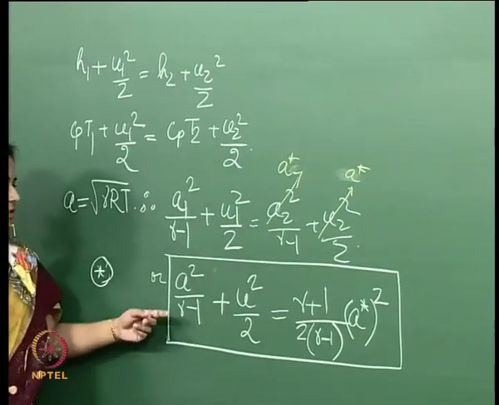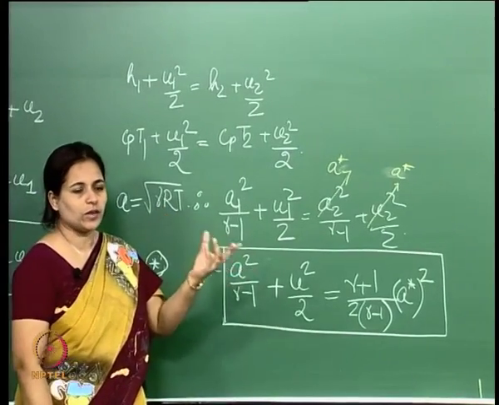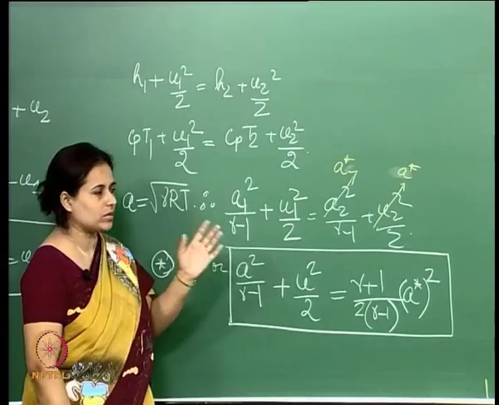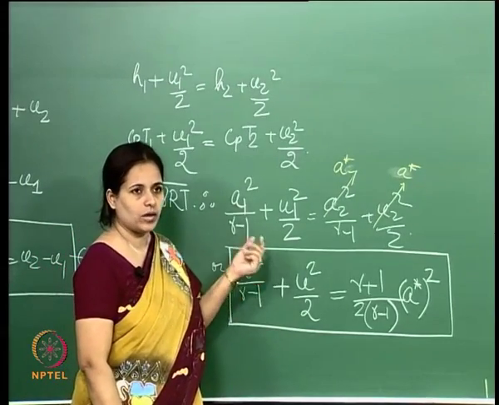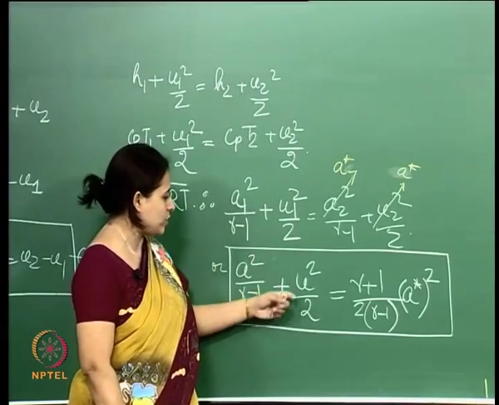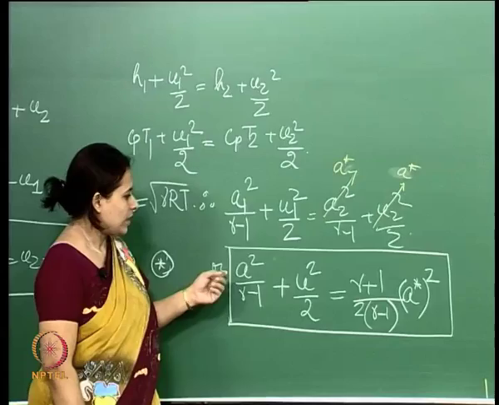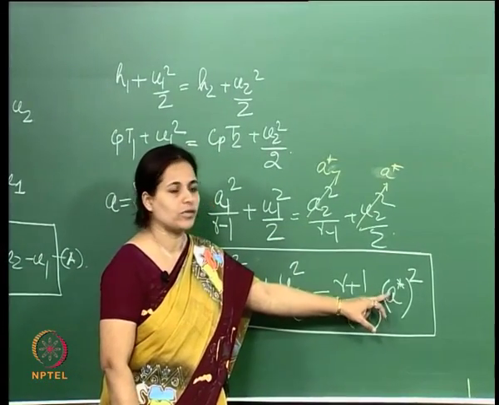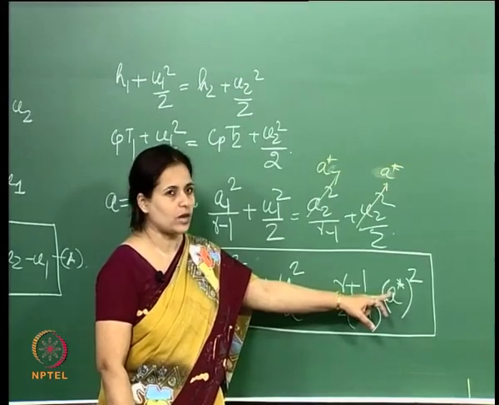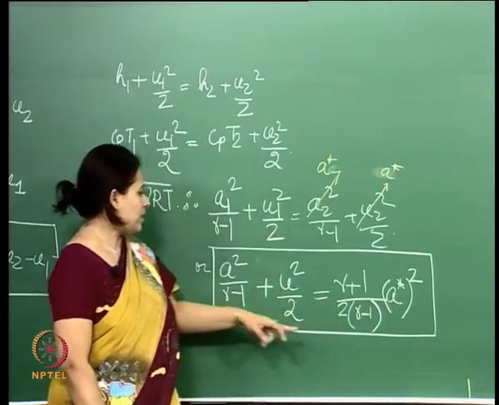So, what this relationship is telling me is that if at a particular zone the actual flow velocity is u and the actual speed of sound is a, then in a region which is sonic, the speed of sound there is a star and the Mach number there is 1, right.